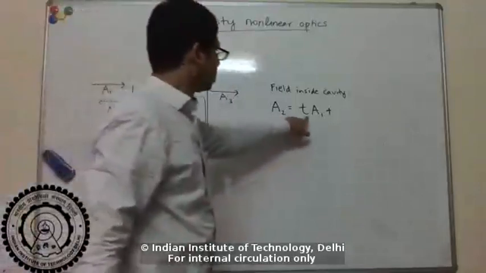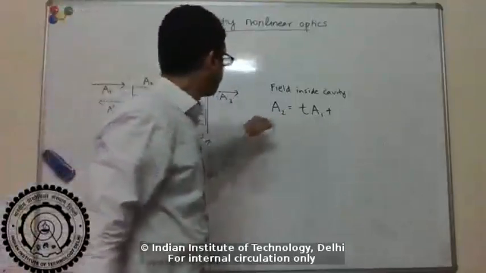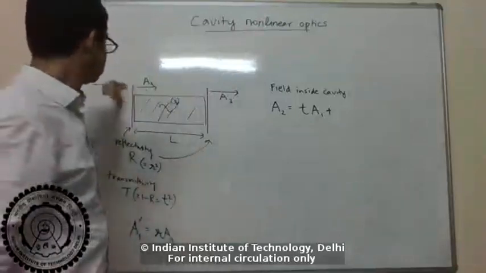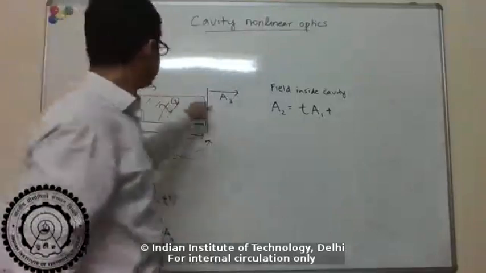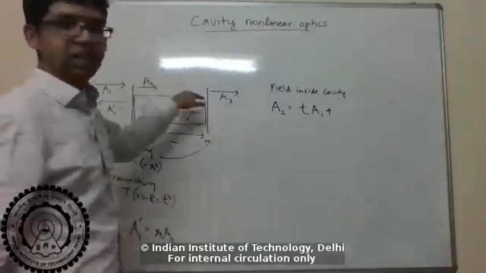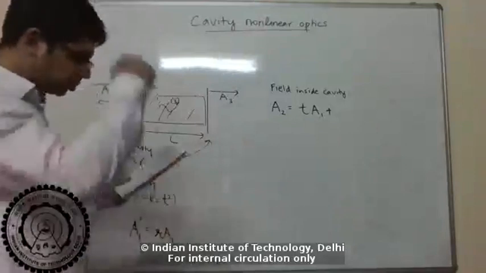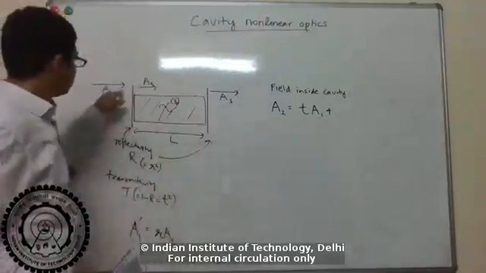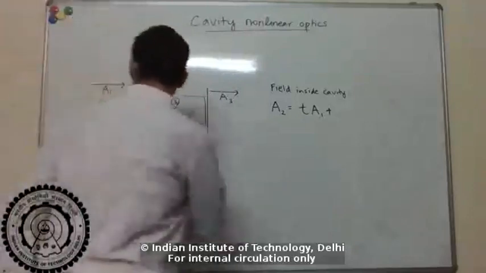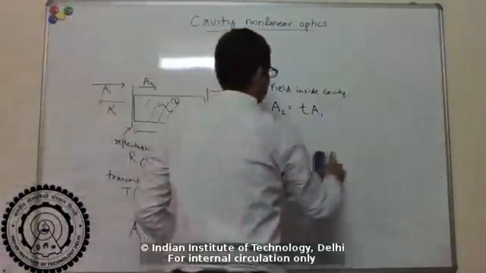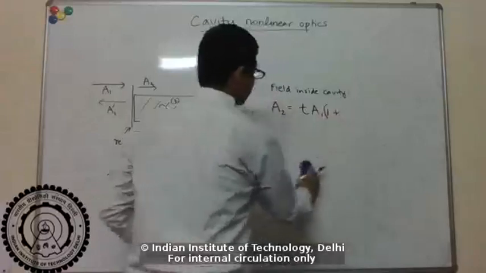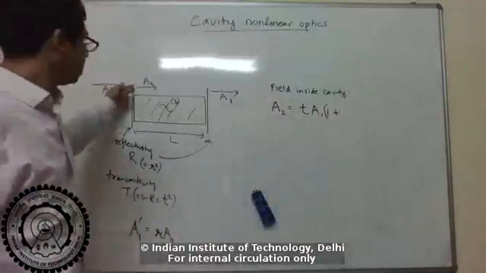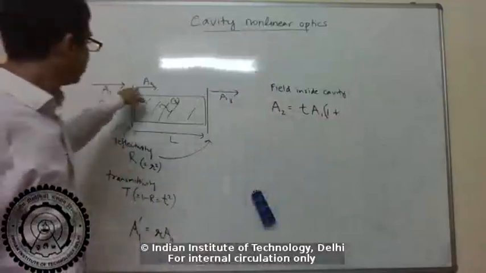So one component is just the input, which is transmitted through the mirror. But then this field is also circulating in the cavity, right? So basically, I have to add the field which entered, let's say, one round trip ago, right?